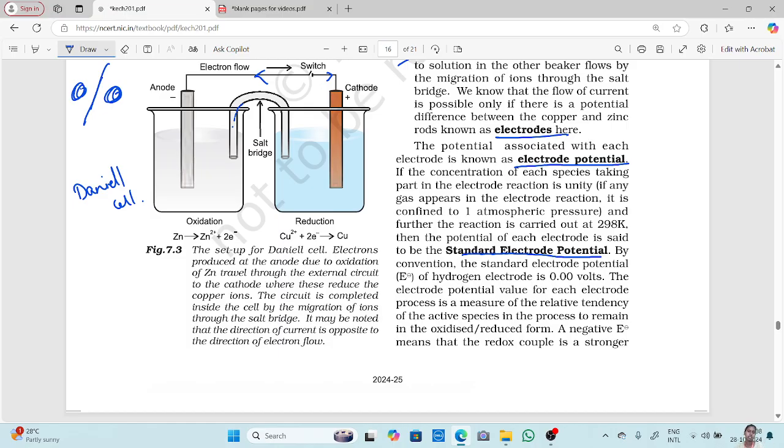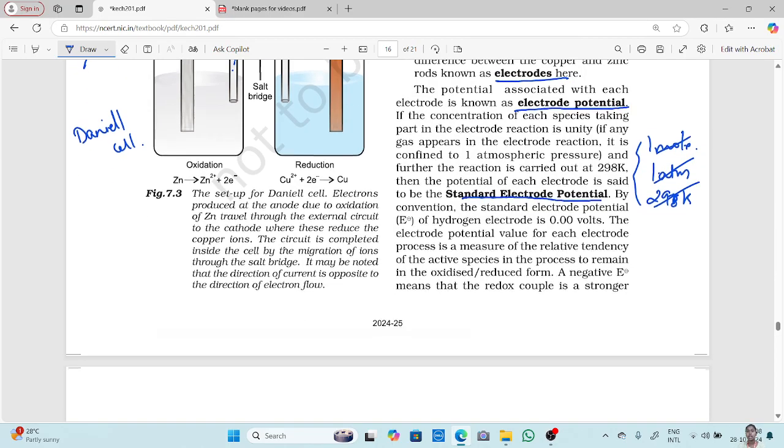That means everything is standard: 1 mole concentration, 1 atmospheric pressure, and 298 Kelvin temperature. If I keep all these three, concentration, pressure and temperature, at the same standard amount, the potential produced on the electrode is called the standard electrode potential.